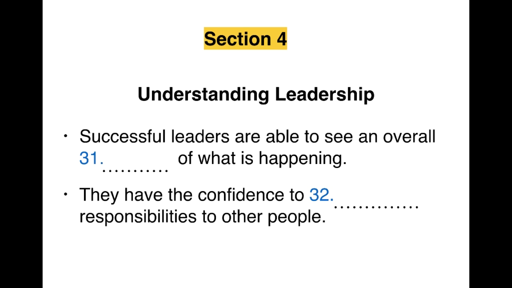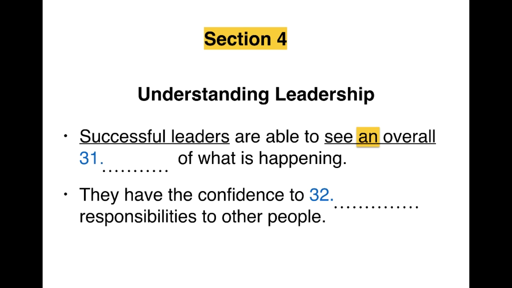So the first one, successful leaders are able to see an overall something of what is happening. Let's underline the key words. Successful leaders see an overall. And I've highlighted the word an because that tells you it's going to be a noun. An overall something of what is happening. Question 32.